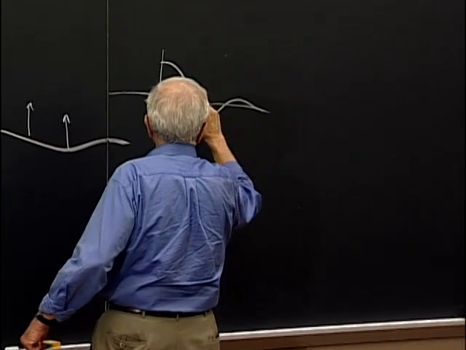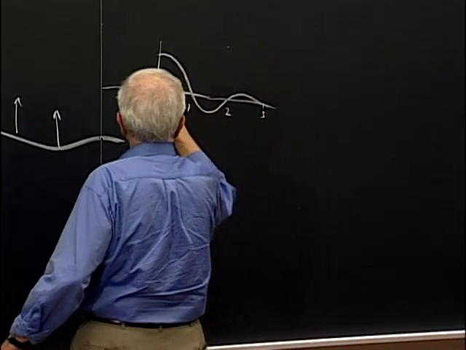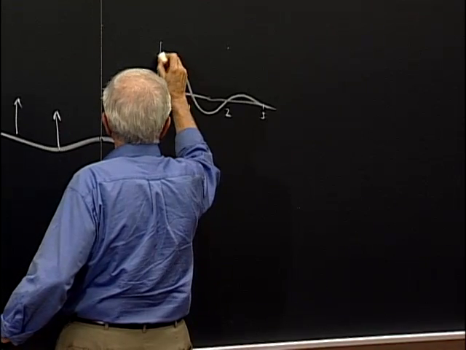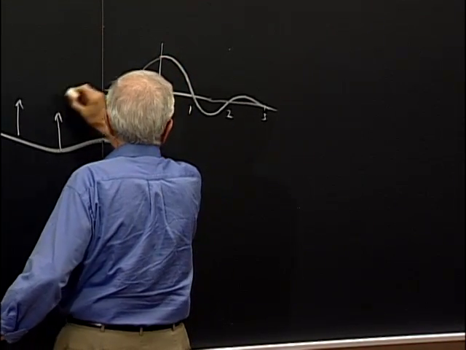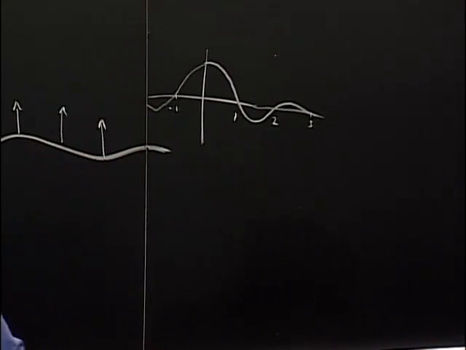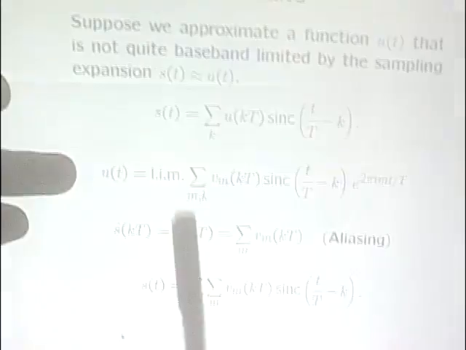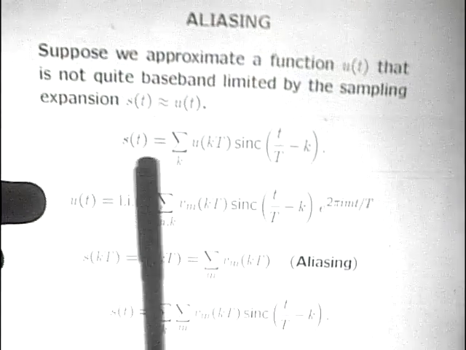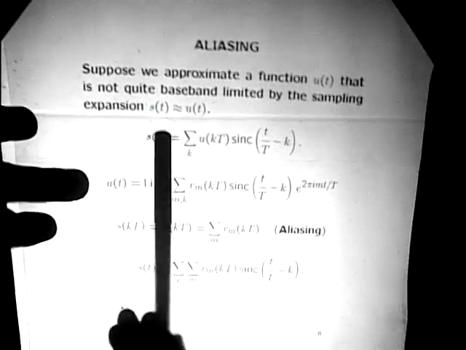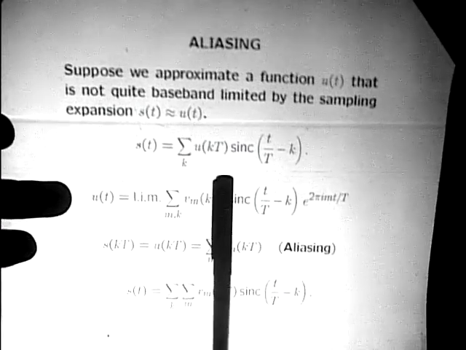It dribbles away, 2, 3, and so forth, -1. Okay, so it's 0 at all those sample times. So the kth sample of s of t, s of kT, is just equal to u of kT.